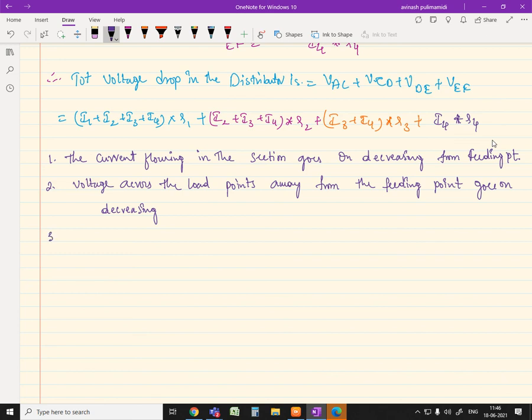The last point, the third point, is that the minimum voltage occurs at the farthest load point.